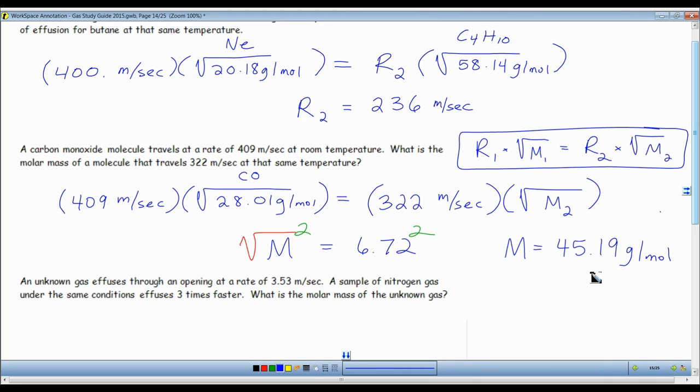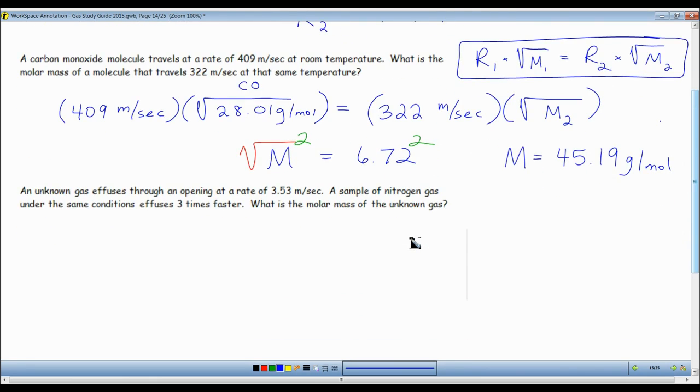Now, this one is, I don't know, some random gas. But if they were to give you a little hint that this is a diatomic gas or it's a noble gas or something like that, then this molar mass should match up on the periodic table. Okay, so a real common mistake. And of course, if this were multiple choice, the 6.72, that's one of the choices. But it's not going to trick you.